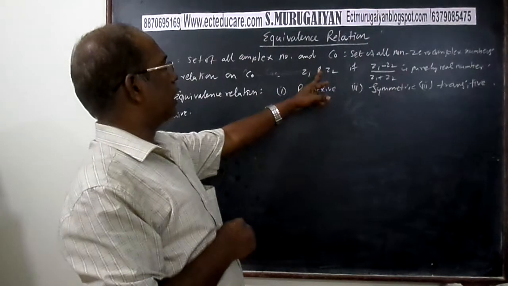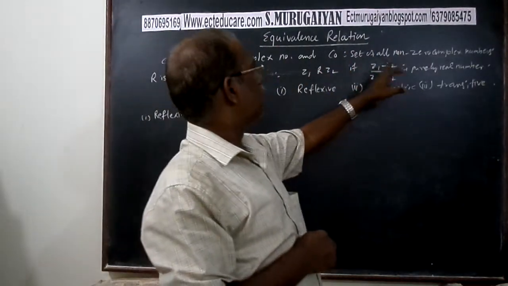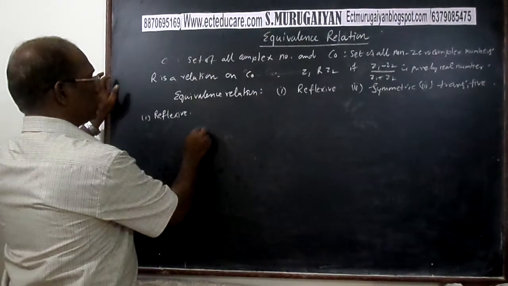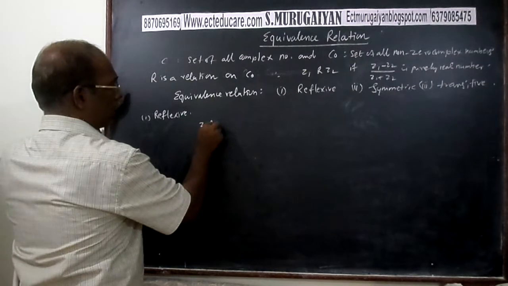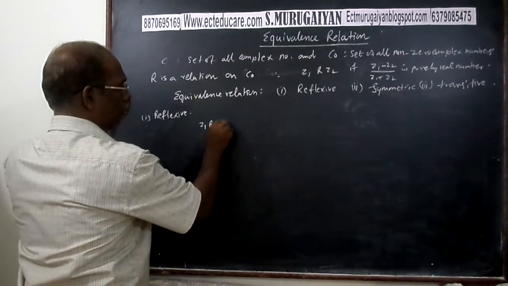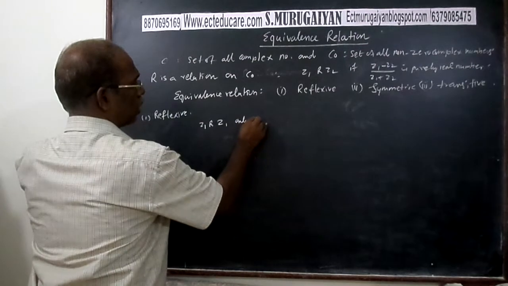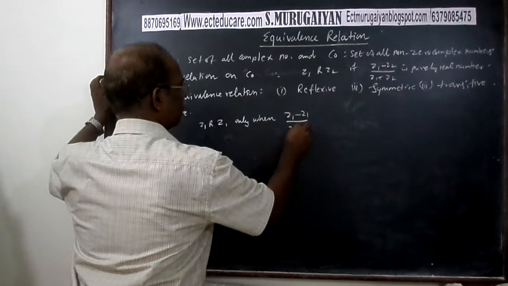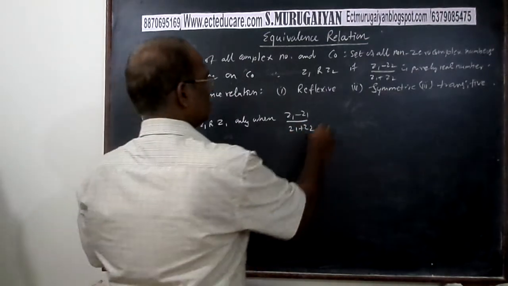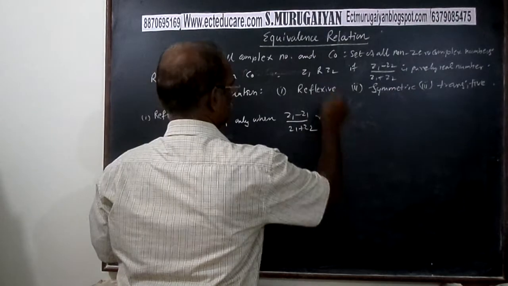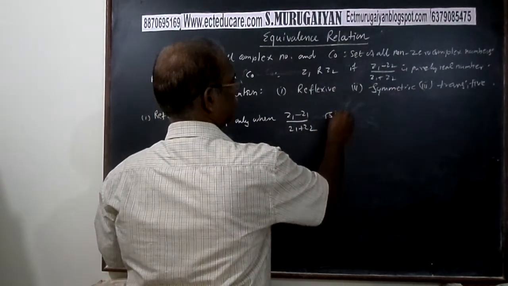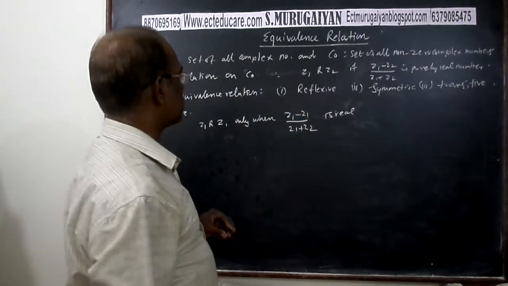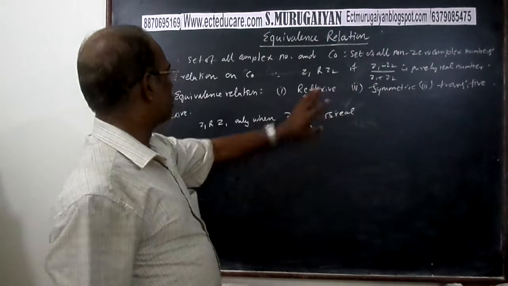Listen, for Z1 related to Z1, we take Z1 in the place of Z2. Z1 is related to Z1 only when (Z1 minus Z1) by (Z1 plus Z1) is real. Z1 minus Z1 is 0, and 0 by any non-zero complex number is 0. Is 0 a real number or not?